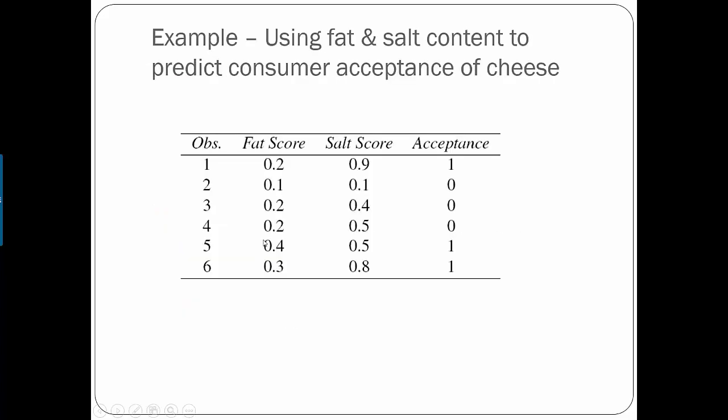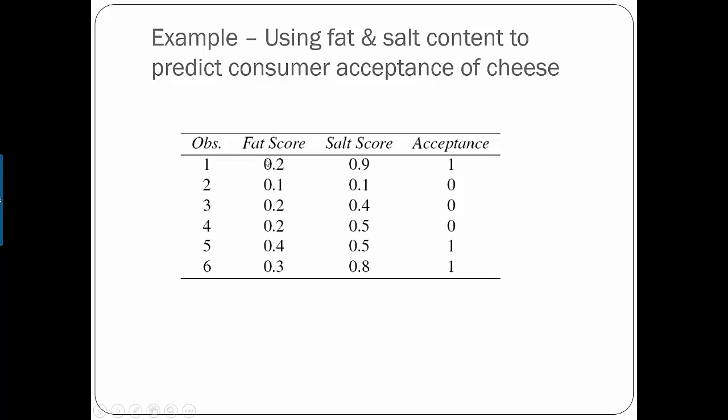Let's take a simple example to understand the network. Suppose we have a data set that has only 6 observations, and there are 2 predictor variables: a fat score and a salt score for some food item, cheese, I guess.